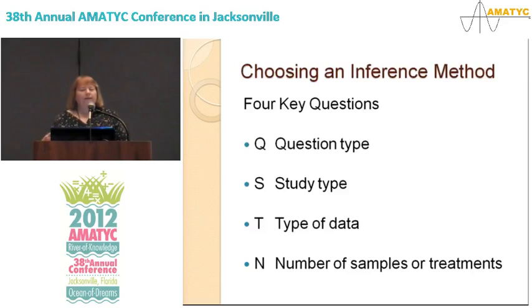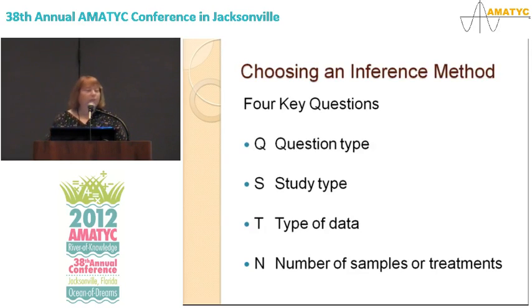So to try and make this explicit, I said, well, from the football analogy point of view, if the coach has to take all these different things into account in terms of selecting a play, what are the things that students need to take into account in order to select an appropriate statistical method? I kind of boiled it down.